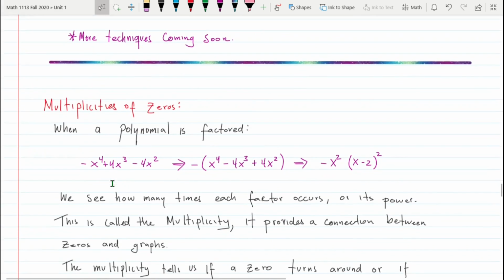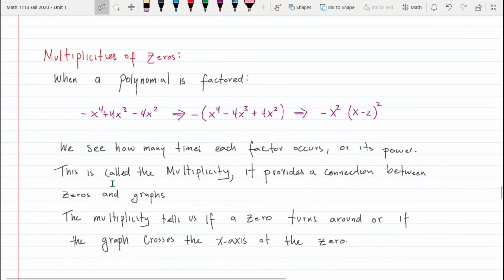Next, let's talk about multiplicities of zeros. So, on the previous example, we had this polynomial, and when you're trying to factor it, here's what we did. We factored out the negative so that everything inside was a different sign so that we can factor it better, and we were able to rewrite it as this, right?